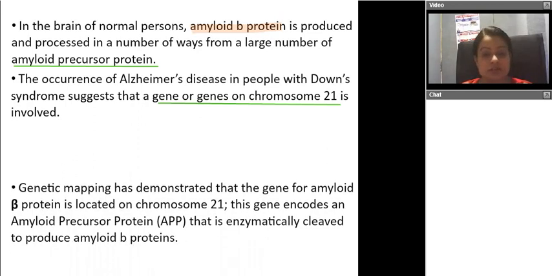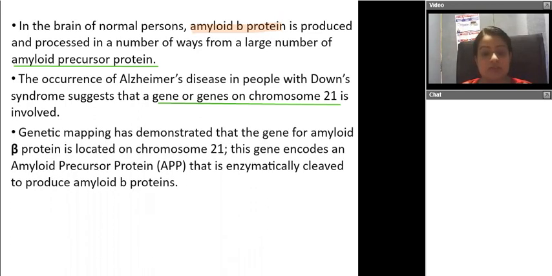Genetic mapping has demonstrated that the gene for amyloid beta protein is also located on chromosome number 21, which encodes an amyloid precursor protein. This is enzymatically cleaved in order to produce the amyloid beta protein.